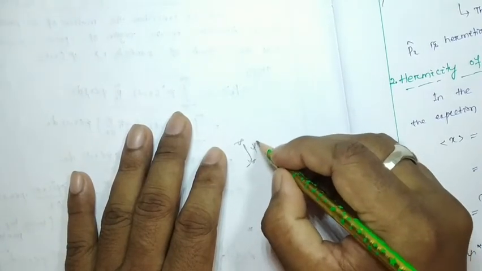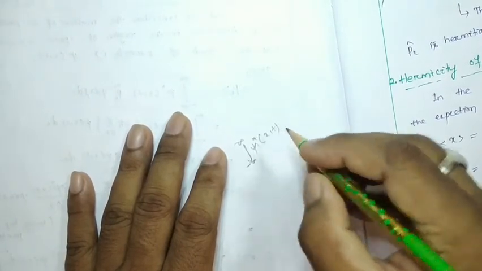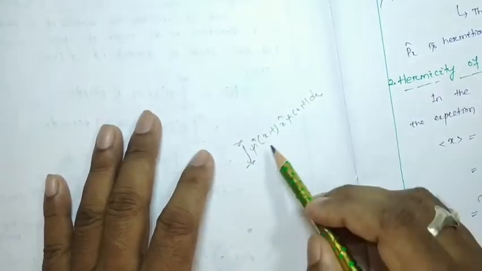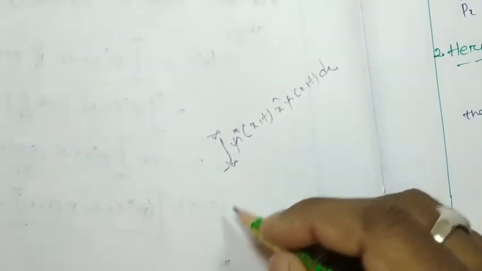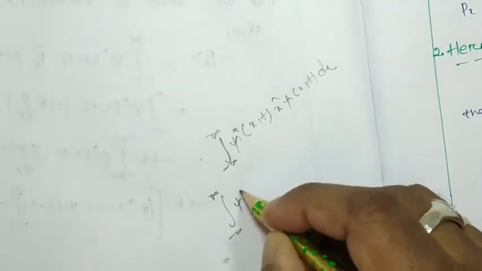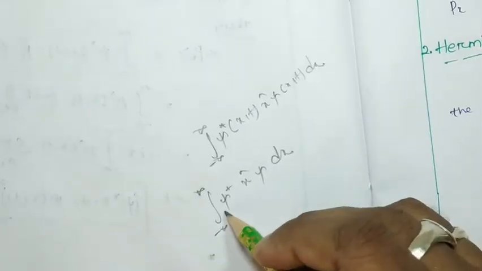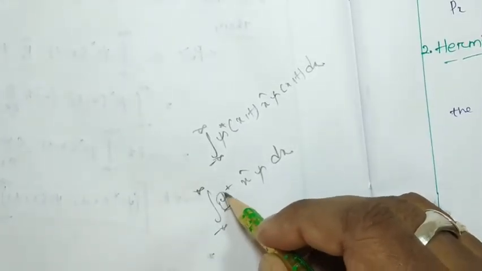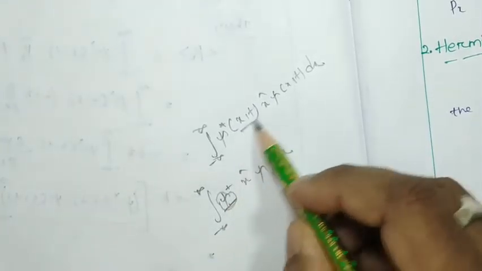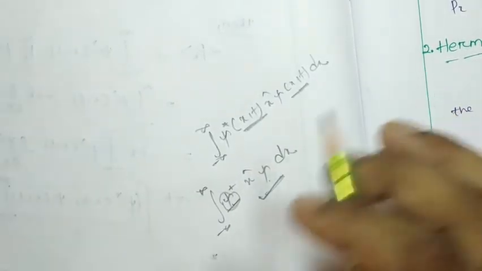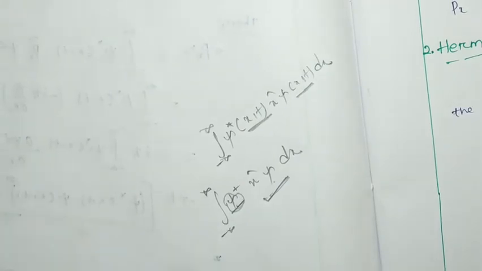Instead, if I write only psi star x cap psi dx, it means that psi is a function of x,t. Why am I writing this? Because many books write in this format.